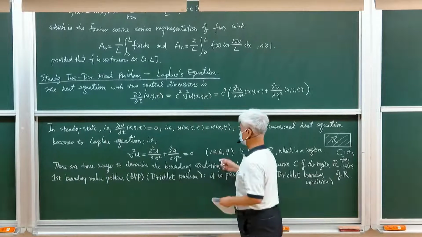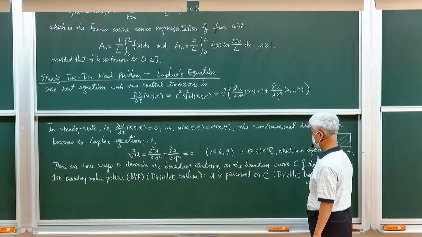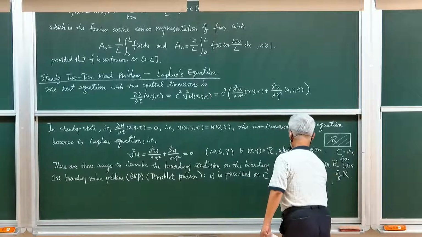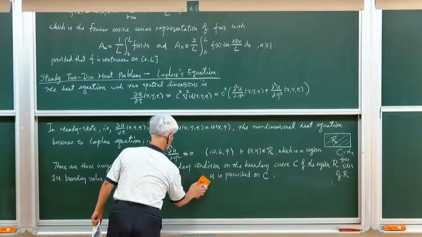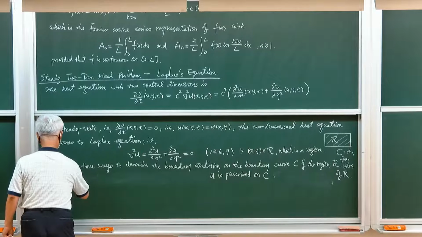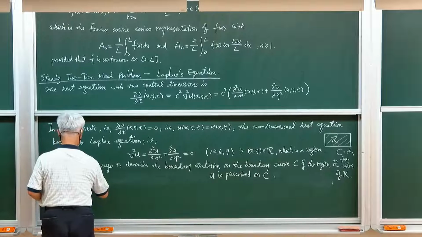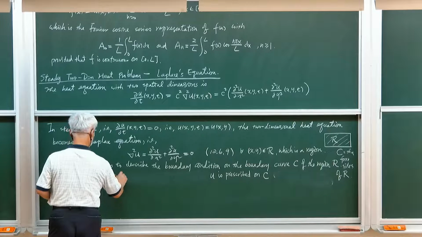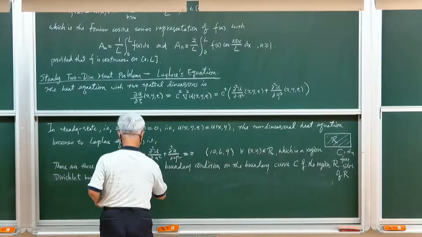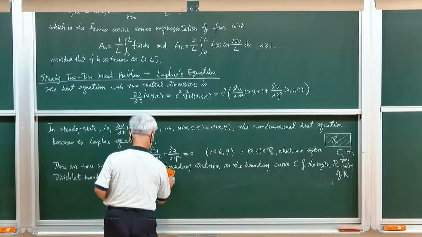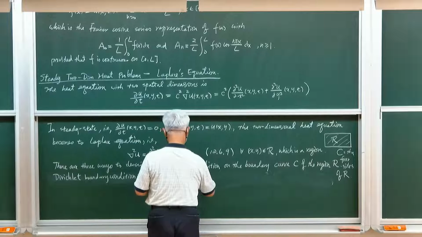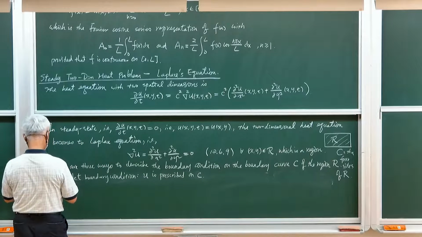So u is prescribed on C, and this is called the Dirichlet boundary condition.